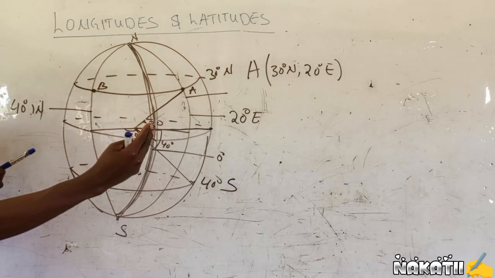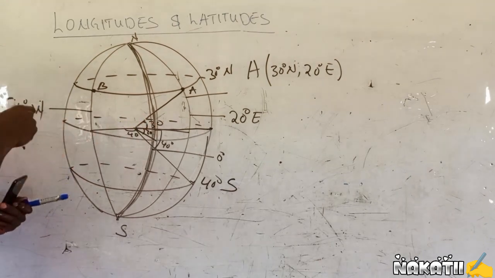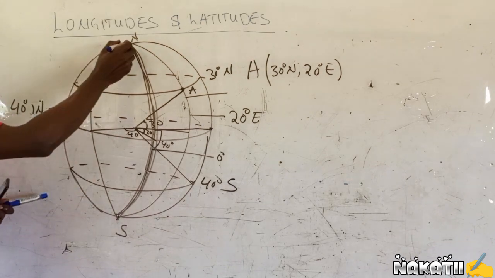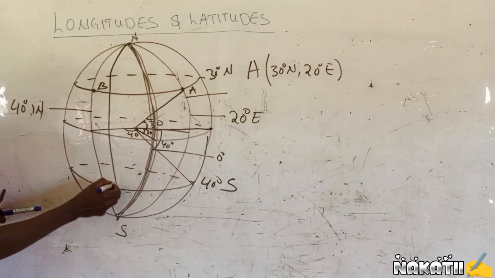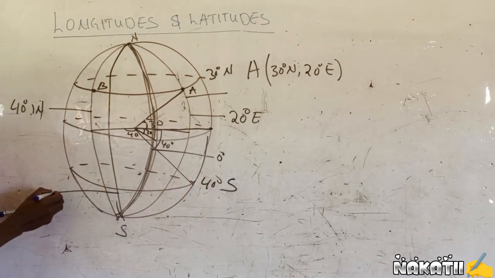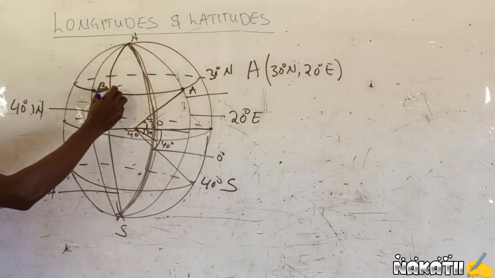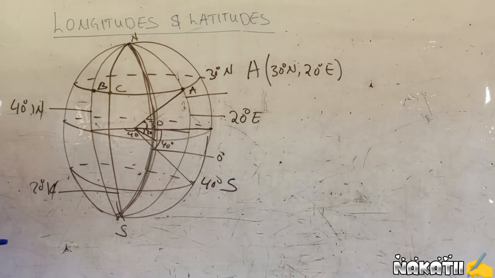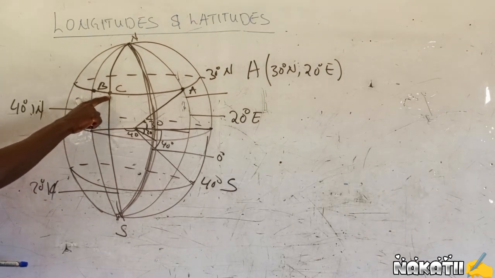If they are on the same side of the Greenwich meridian, you subtract. For example, if I have another meridian here, which is, let's say, 20 degrees west, this is C, and I'm told to get the angle between B and C, I just subtract the two angles, 40 minus 20, to get the angle between B and C.